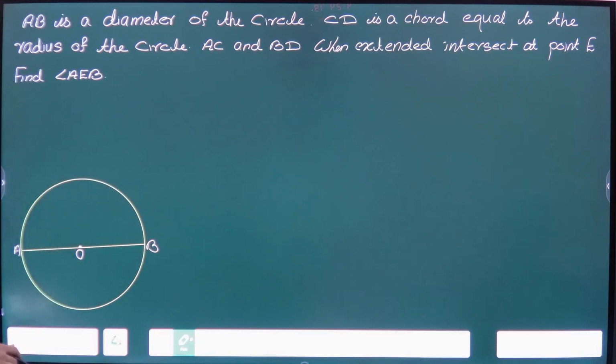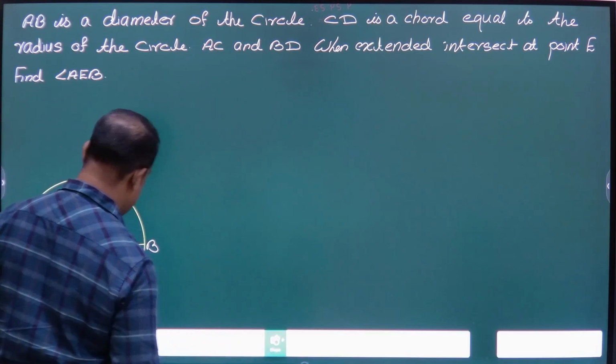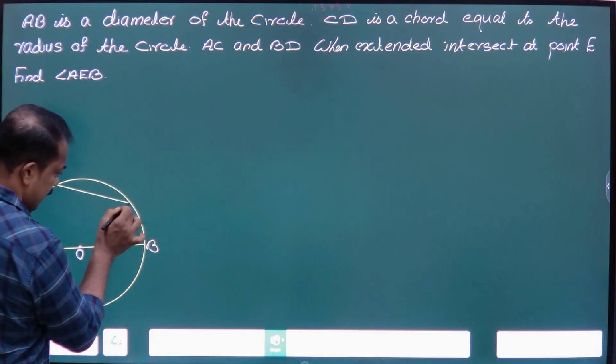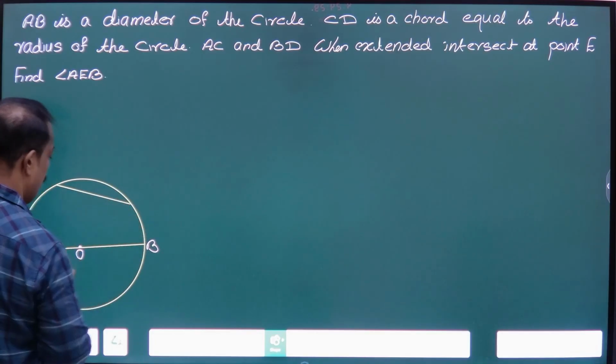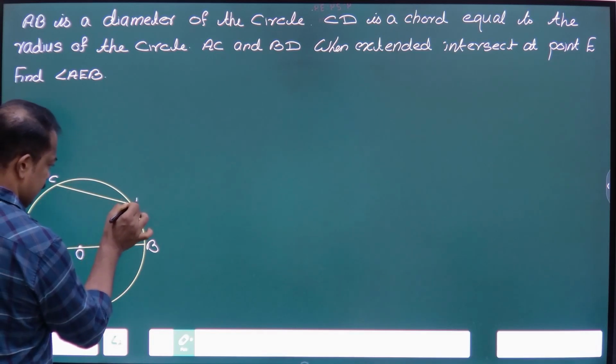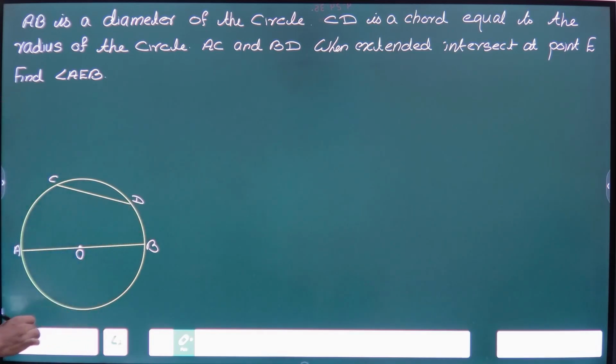And draw a chord CD equal to the radius. CD is a chord equal to radius.